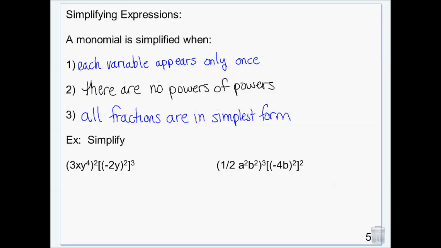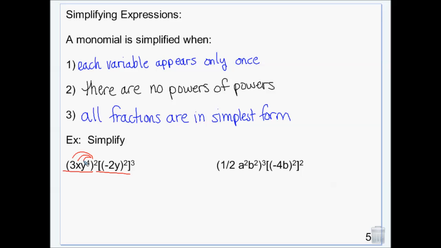So what we do, I've got a lot going on here, right? This has something I need to do to it, this first half, and so does the second half. So before I can multiply these two things together, I need to make sure that each one is completely simplified. So first I'm going to distribute in this power.